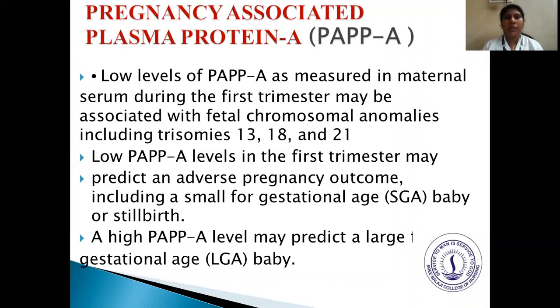Low PAPP-A levels in the first trimester may predict an adverse pregnancy outcome, including a small for gestational age baby or stillbirth. A high PAPP-A level may predict a large for gestational age, LGA baby.